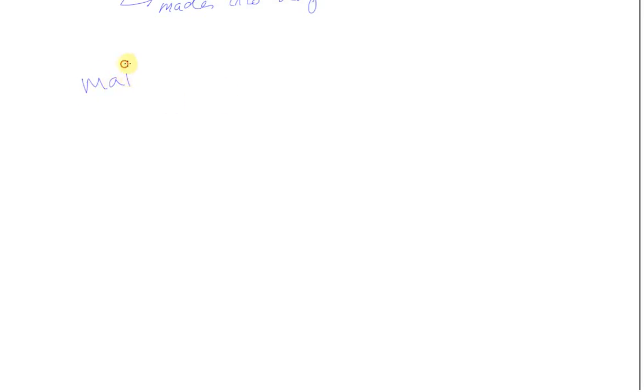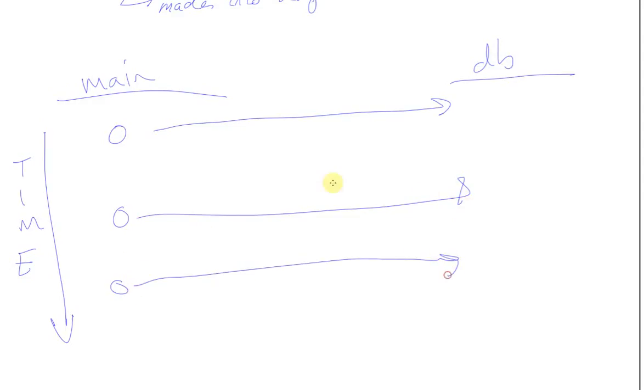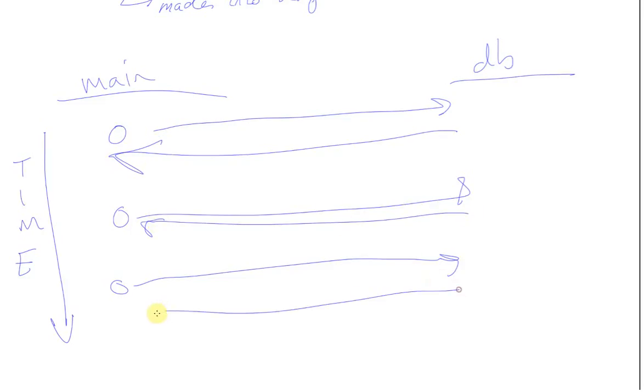So on this main thread and the DB thread, if here we have the chronology of time, and we have a few different operation series happening, this one is guaranteed to happen and come back before this one. The nature of the response chronology is first in, first out, and not first in, random out.